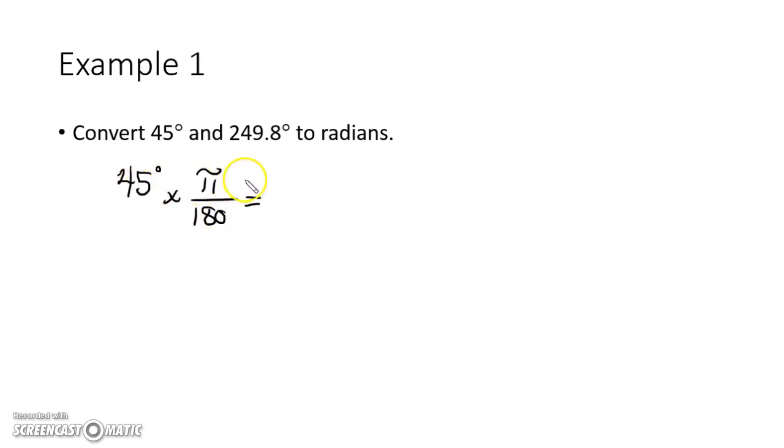Generally we just multiply across the top and across the bottom. So the degrees units cancel, and you get 45 pi over 180. We're going to want to simplify that 45 over 180. So let's see if 45 goes into 180. Yep, in fact it goes 4 times. So this would simplify to pi over 4. So 45 degrees would be pi over 4.